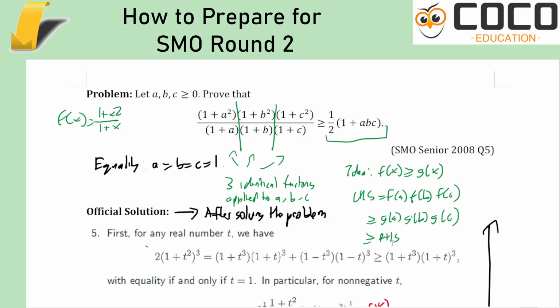And conveniently enough, if you know Hölder's, you know that the only thing that can obviously be compared to 1 plus abc from 3 separate functions in terms of a, b, and c is Hölder's. It would make perfect sense to try to say that your right hand side is less than or equal to 1/2 of this product that we have below.